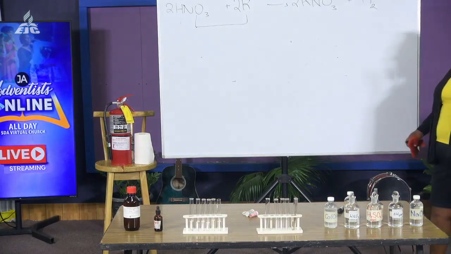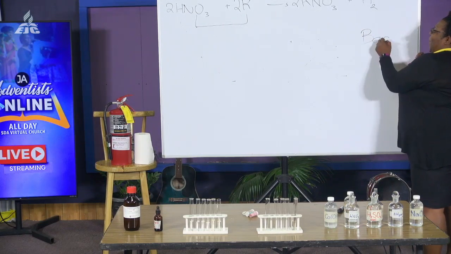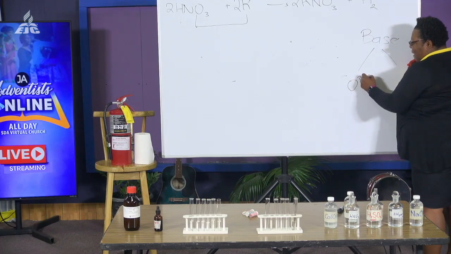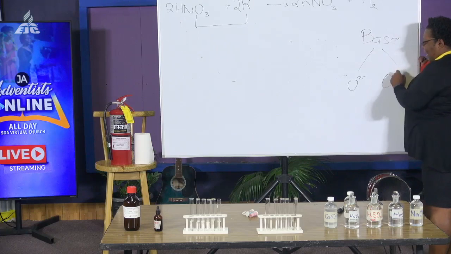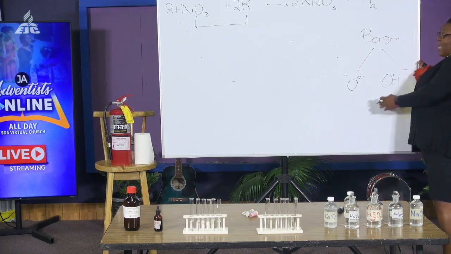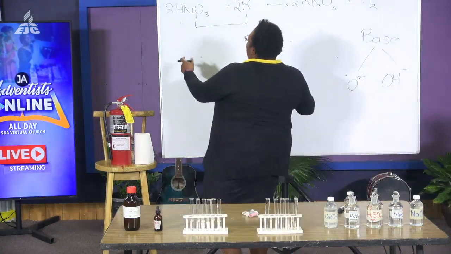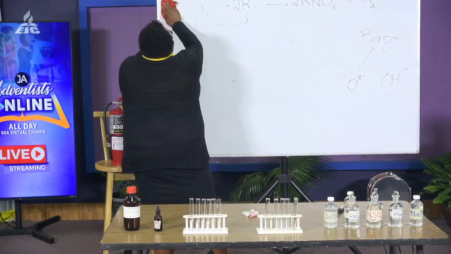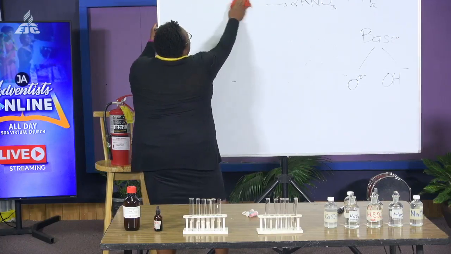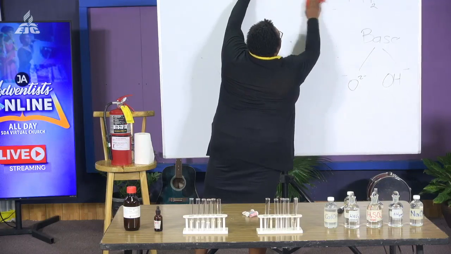And just in case you have forgotten, how do we identify bases? Bases are either metal oxides or metal hydroxides. So anything that has an oxide or a hydroxide in it, it is a base. All right, so let us look at another equation which demonstrates this property of acids.